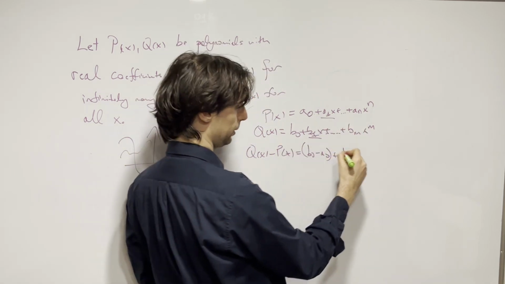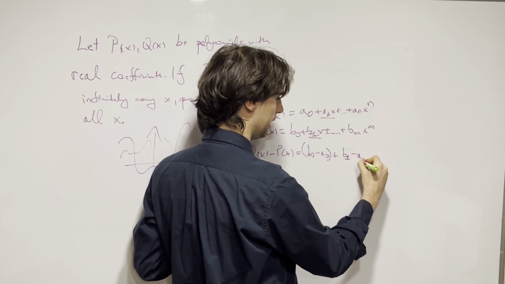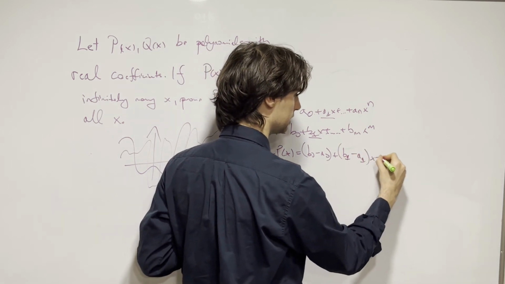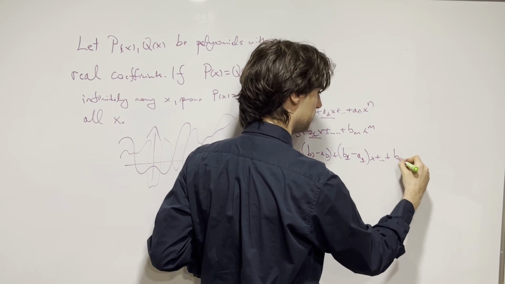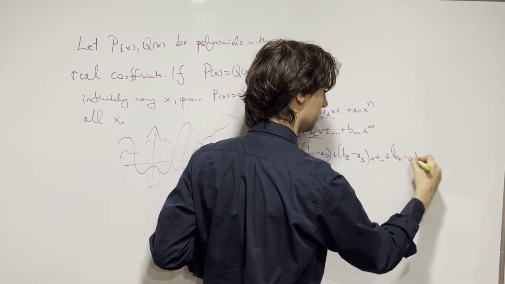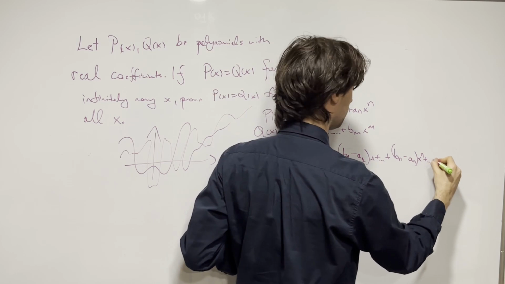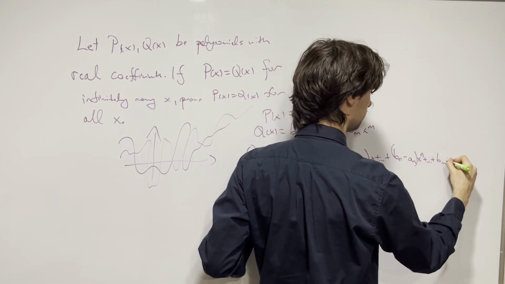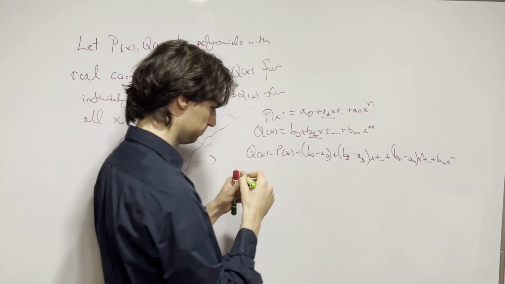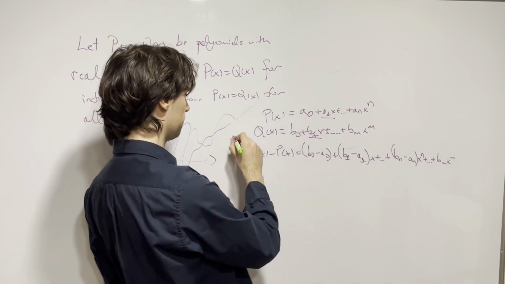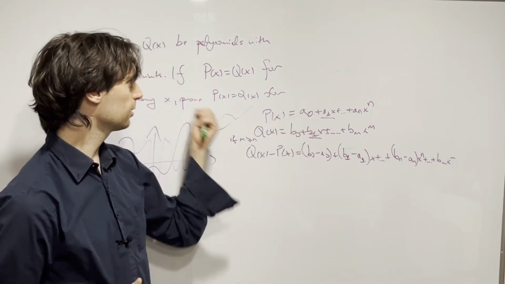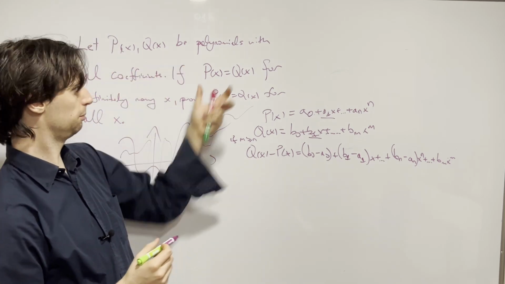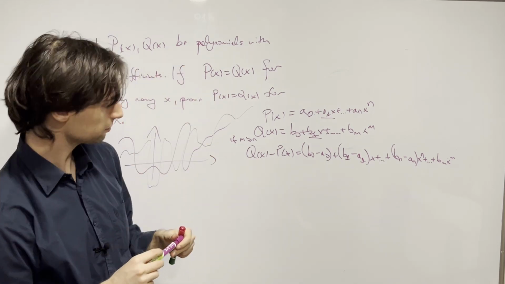We get x outside. And we have b1 minus a1 times x plus all the way till bn minus an times x to the n plus maybe some bm x to the m. Maybe. Right? This is if m is greater than or equal to n, which we can assume without loss of generality because everything's symmetric with respect to p and q.